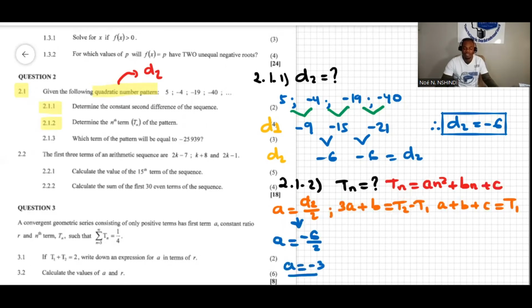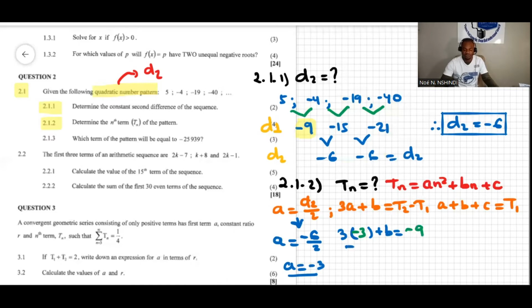Now we have a, and then 3a plus b must be equal to T2 minus T1, the difference between the first two terms of the quadratic pattern, which is -9. Previously we found that a was equal to -3, so I substitute the value of a.